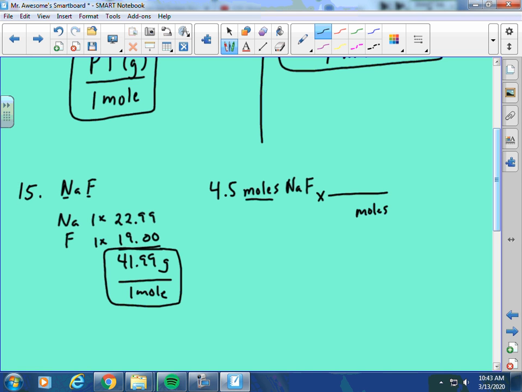My tool is 41.99 grams over 1 mole. This tells me the right way to use my tool. Do I use it the way it's written, or do I need to flip it upside down? If I use it the way it's written, grams will be on top and moles will be on the bottom. And as we can see here, we want moles to be on the bottom. So I'm going to leave it the way it is.